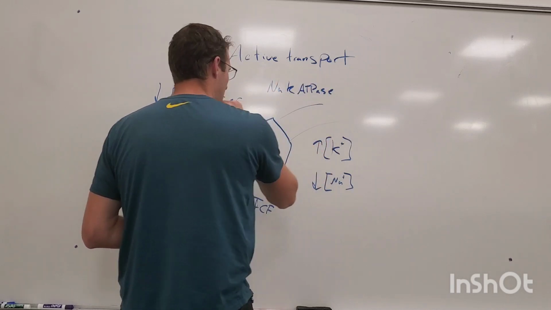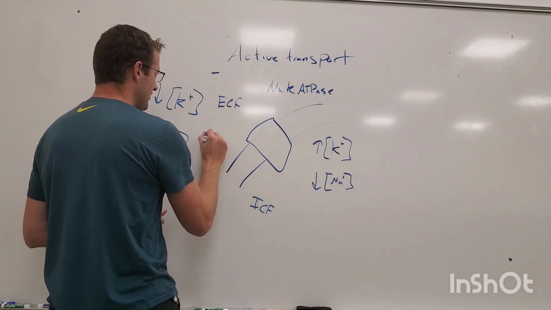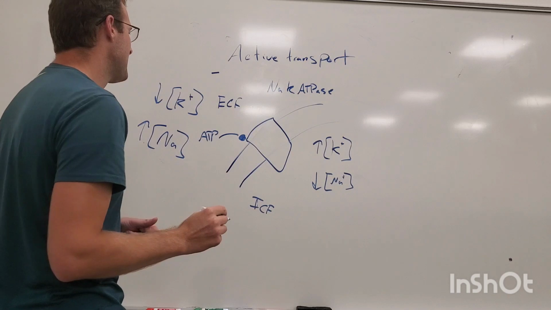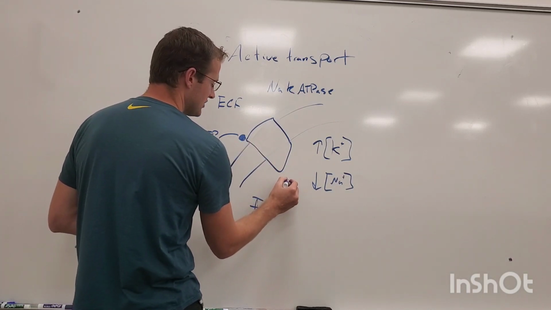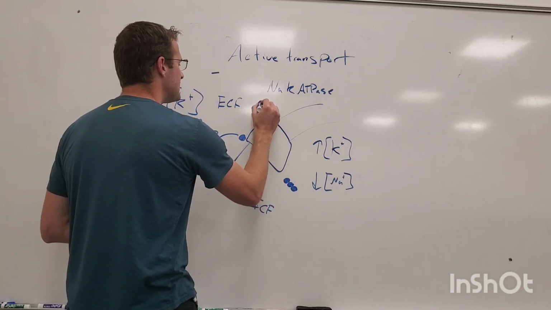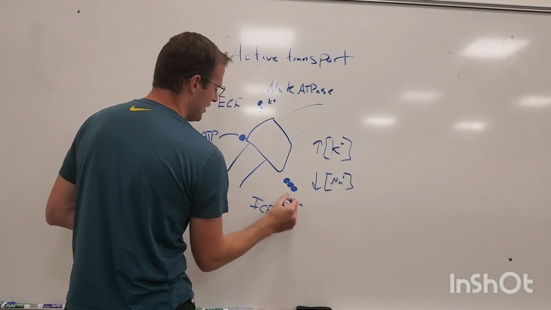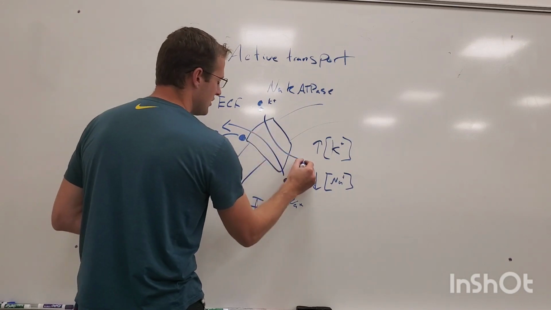What happens is ATP comes and binds onto this protein, and it will take 3 sodiums from inside the cell and 2 potassium from outside the cell, and it will use the ATP to pump the sodium out and the potassium in.